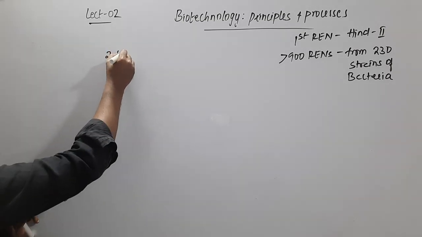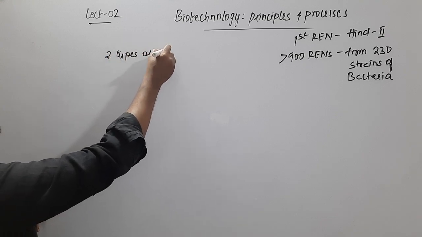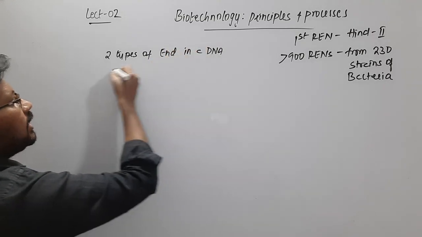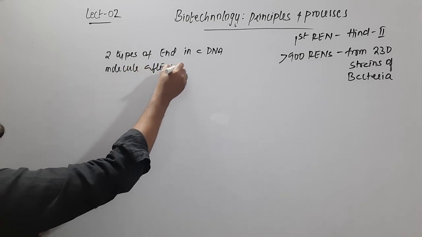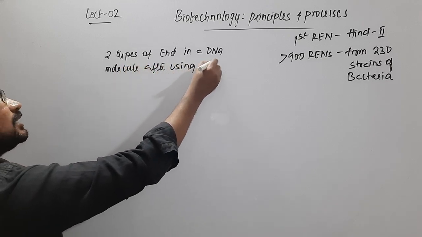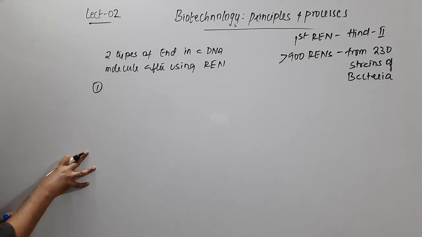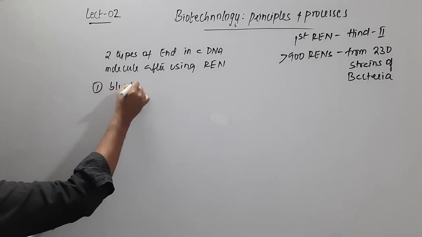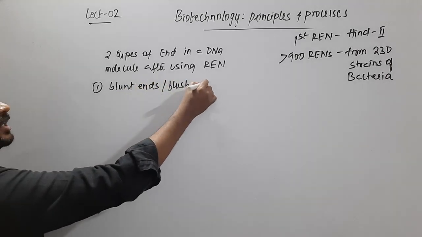Some restriction endonucleases produce blunt ends, also called flush ends.